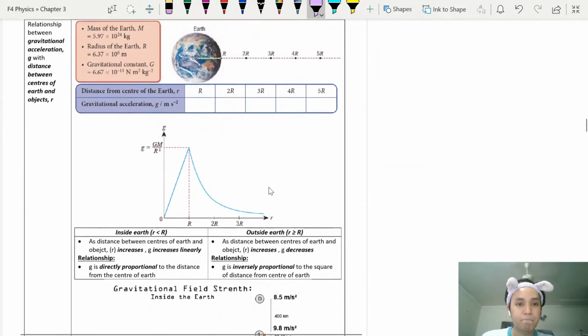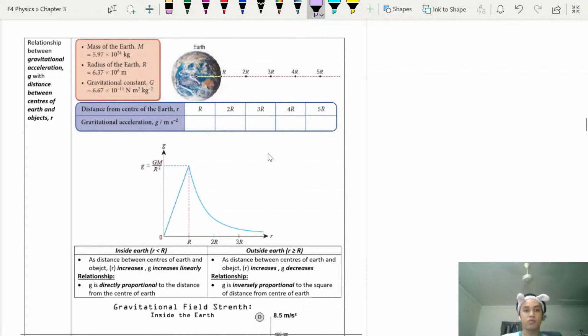Now, let's look at this part here. Since you already know about this formula, gravitational acceleration is dependent on the mass and also the radius, the distance between the two objects, the centers of the objects.